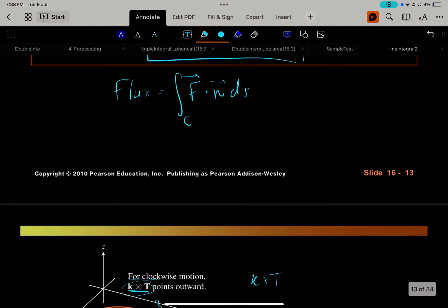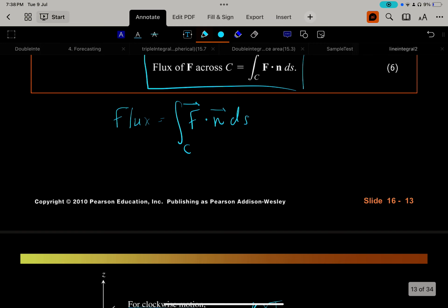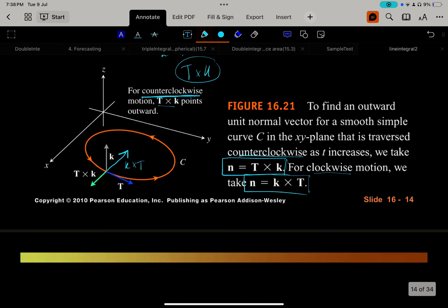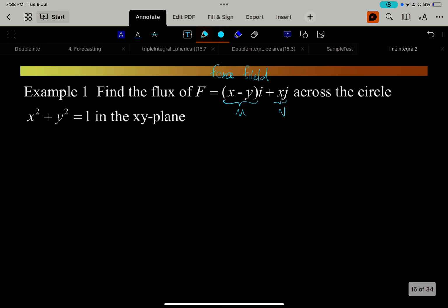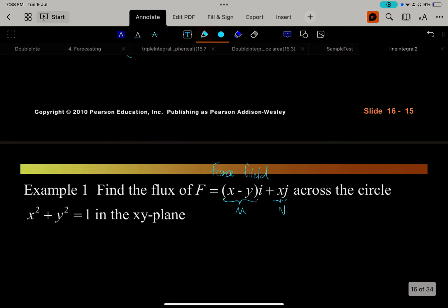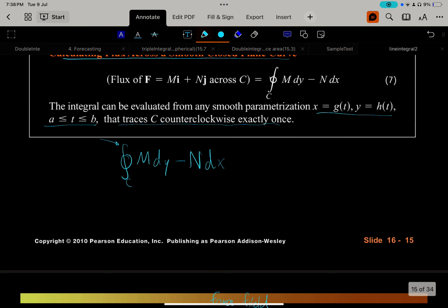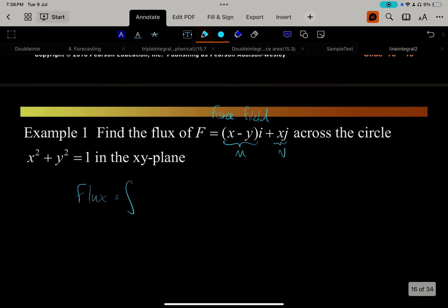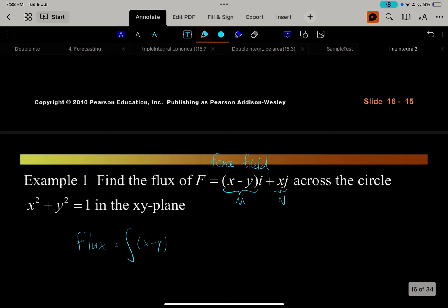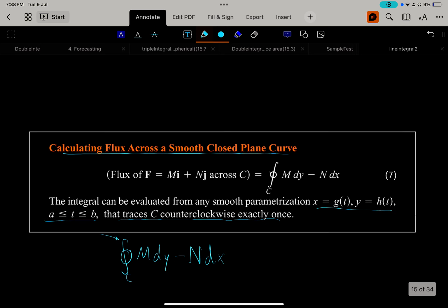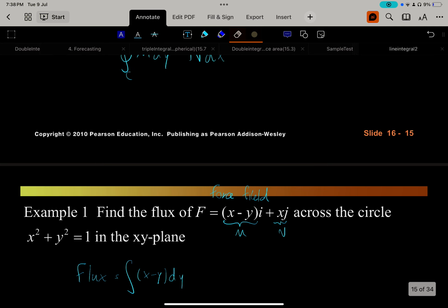So the flux equals the integral of M, which is x minus y, dy, minus N, which is x, dx.